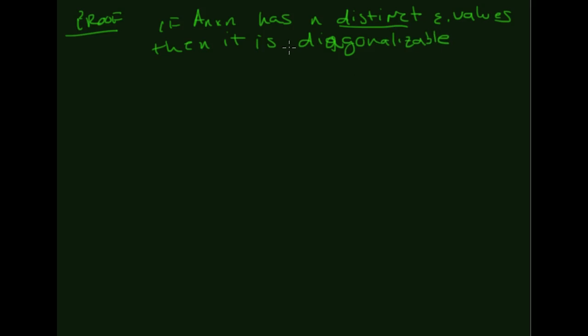Okay, so we're actually going to do a proof by induction here. The one case is trivial. If I have a set of one eigenvector, then that set must be linearly independent. So that helps me.